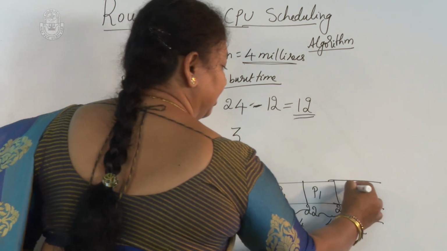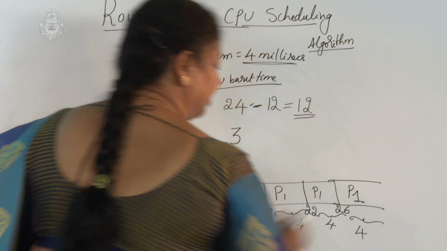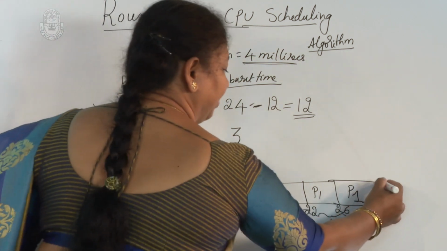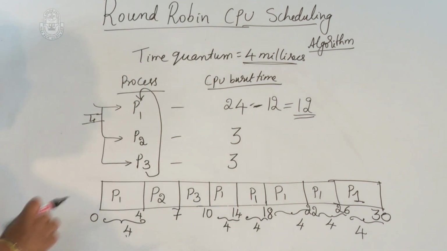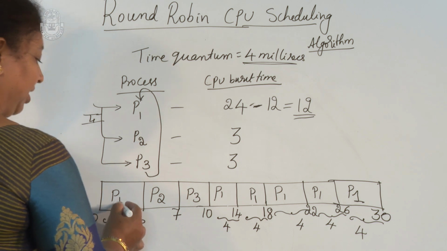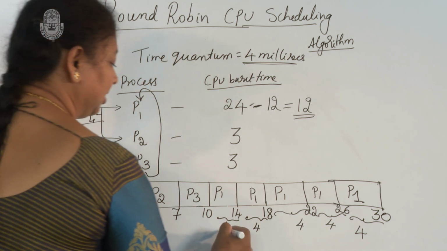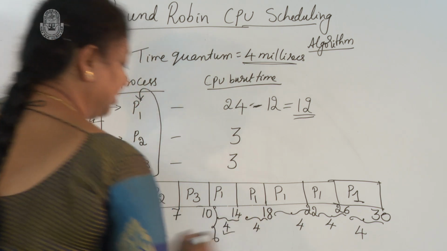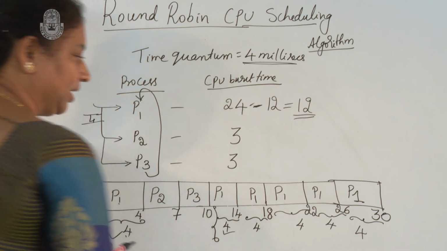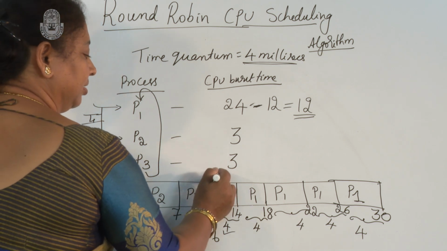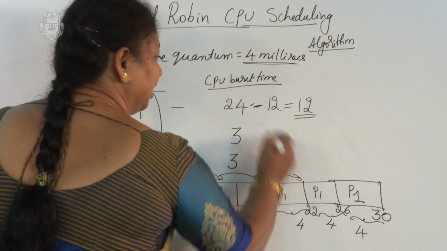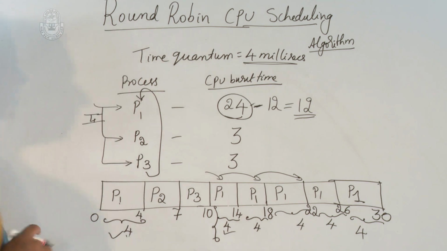So here the total completion will be at the end of 30th millisecond. So for P1, since P2 and P3 are completed, it will be serving P1 continuously till this 24 CPU burst time is completed.